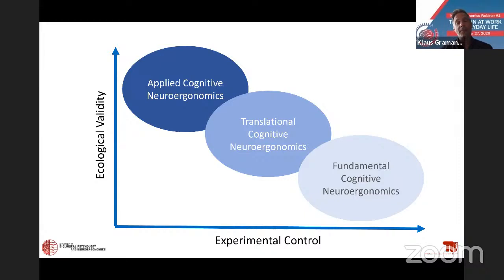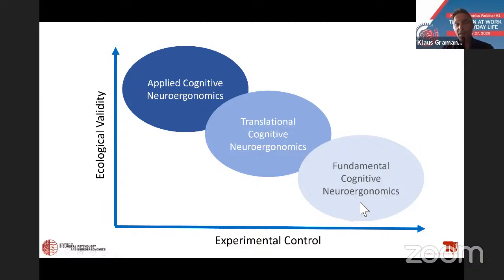So, if you look at the x-axis here, you have experimental control, and you could add internal validity to this axis. And on the y-axis, you have the ecological validity. On the right side, down here in the right corner, we have fundamental research with high control, high internal validity.